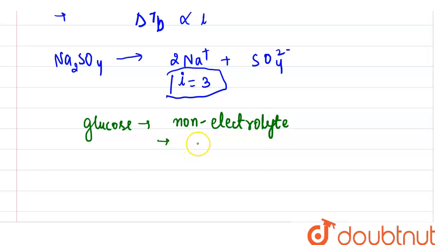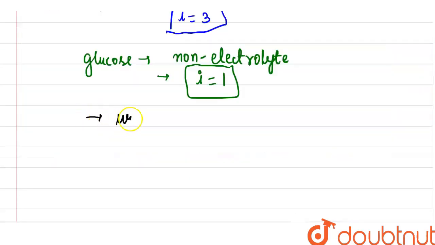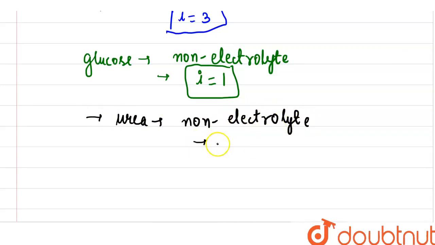No dissociation will take place, so the number of particles of solute present here is 1, i equals 1. So the van't Hoff factor for glucose is 1. Let us see the third, which is 0.015 molar urea. As we know, urea is also a non-electrolyte. It doesn't dissociate, so its van't Hoff factor is also 1.